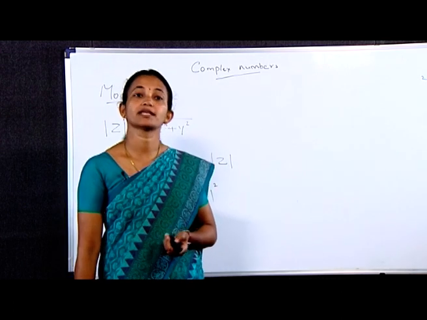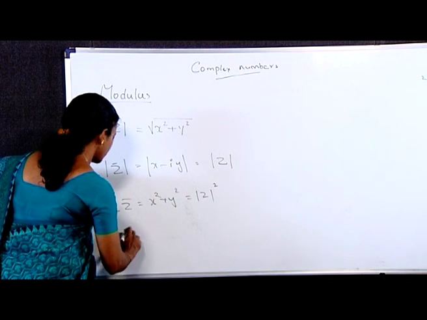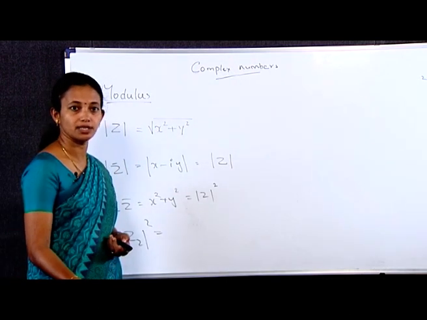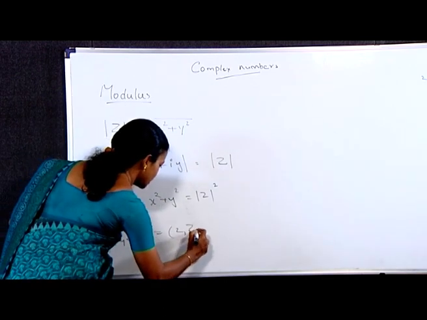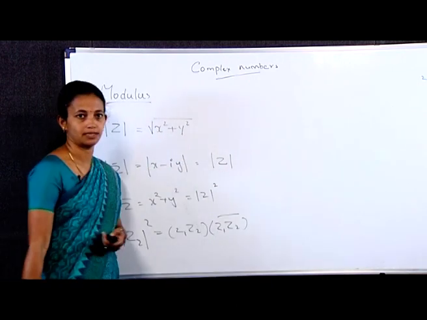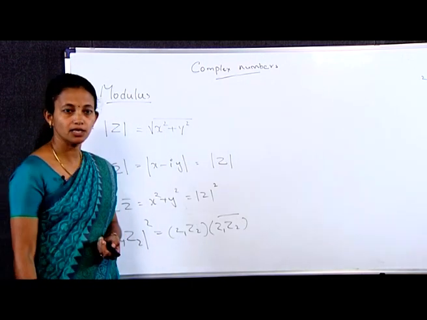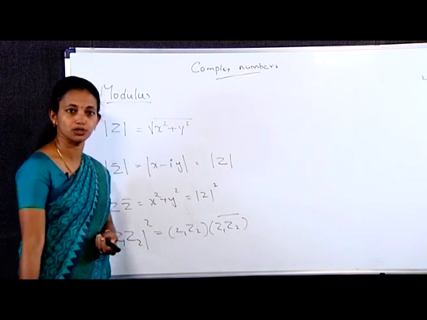That is, mod (z1 z2) whole square is equal to (z1 z2) into (z1 z2) conjugate. That we can write as z1 z2 into (z1 z2) whole conjugate. Using the result, this is z1 z2 into z1 bar into z2 bar.